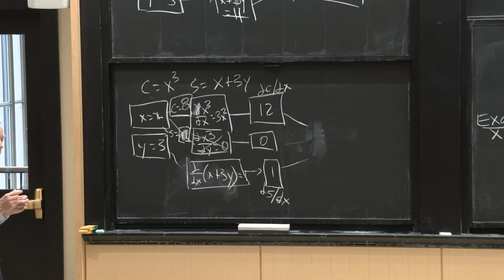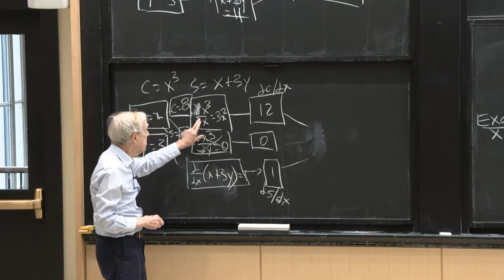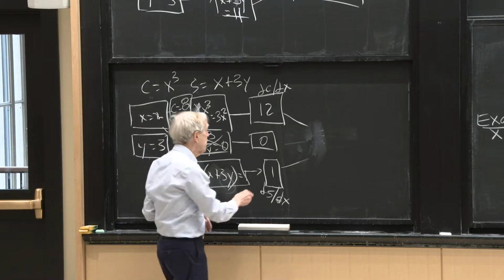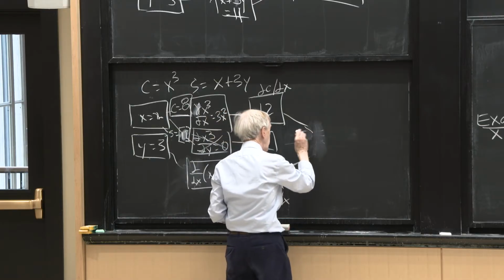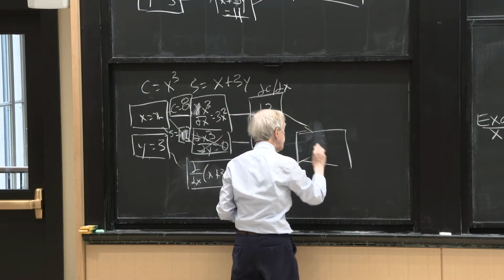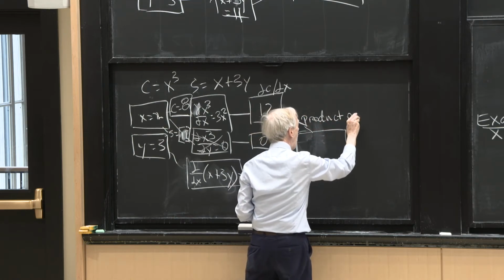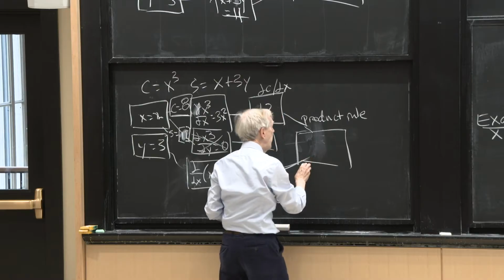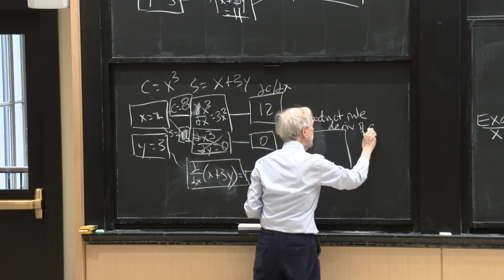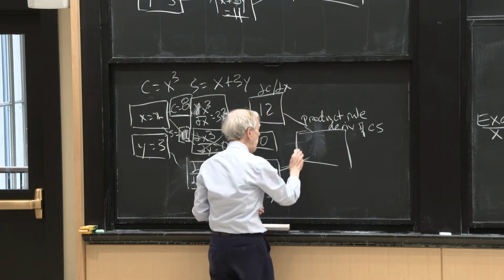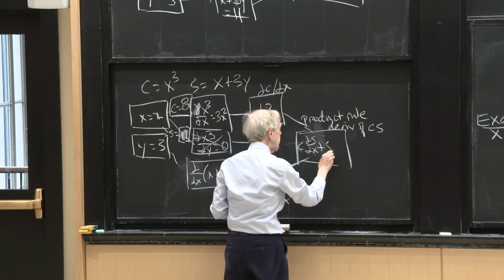So the product rule is what? So this product rule, I have to do this combination of, for the derivative of c times s. So I want c ds dx plus s dc dx.